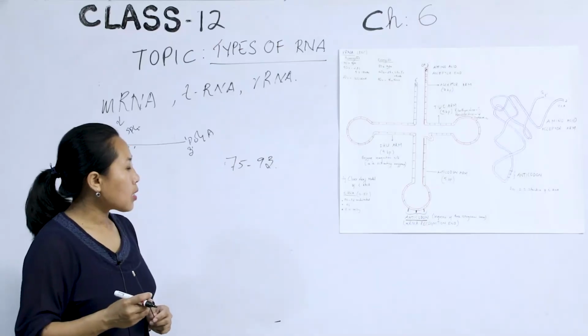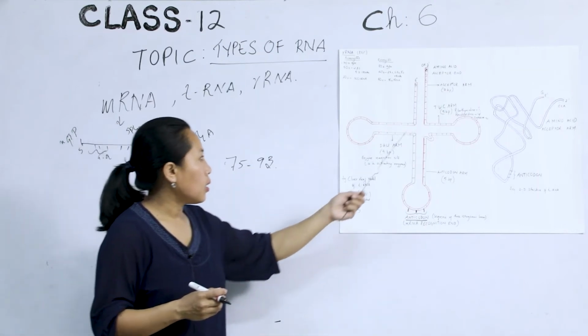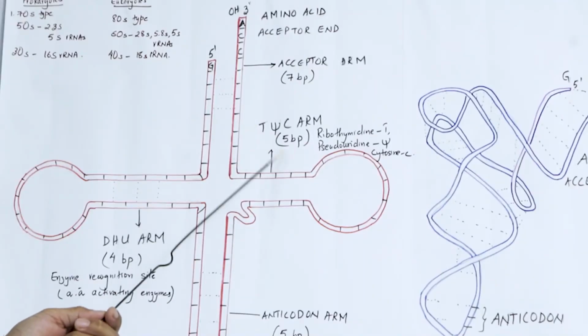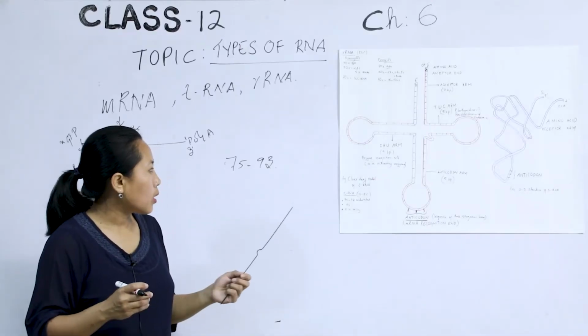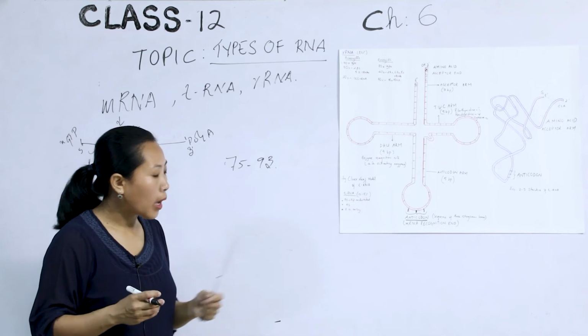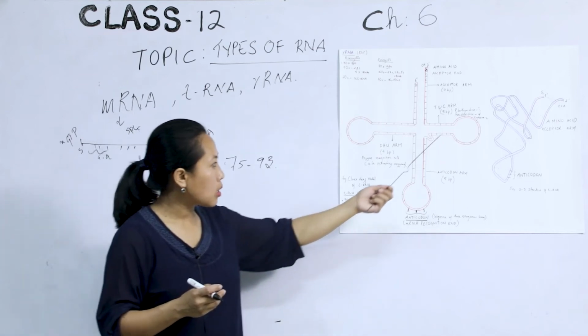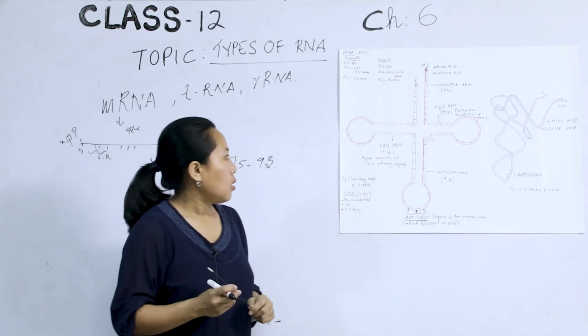Then the next arm is the ribothymidine pseudouridine cytosine arm, the TψC arm, an arm consisting of 5 base pairs. Like the DHU arm and the anticodon arm, it also ends in a loop.